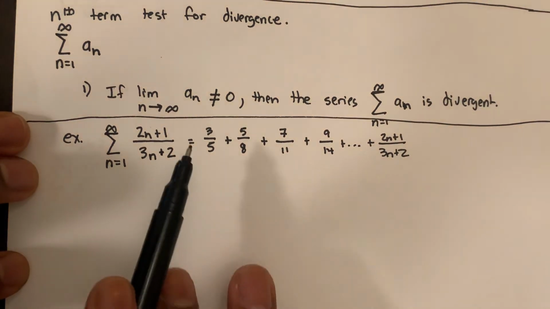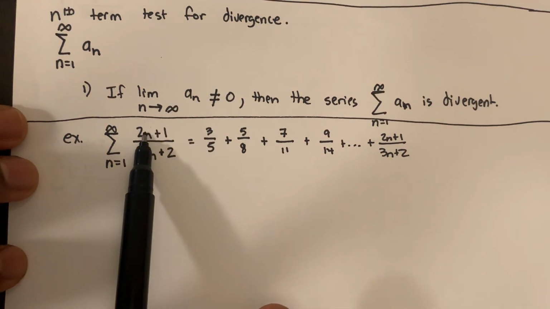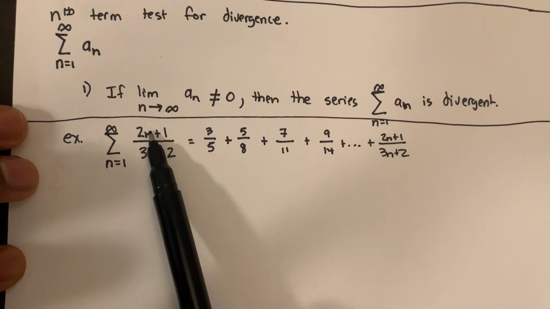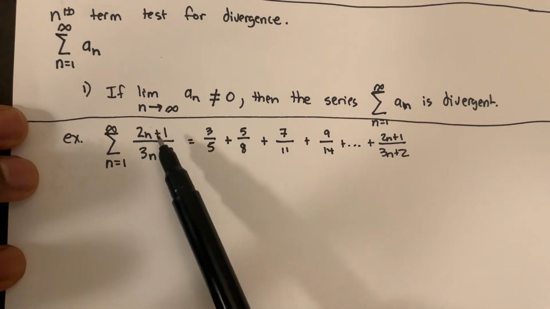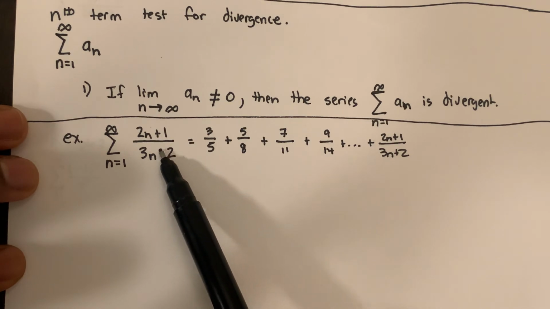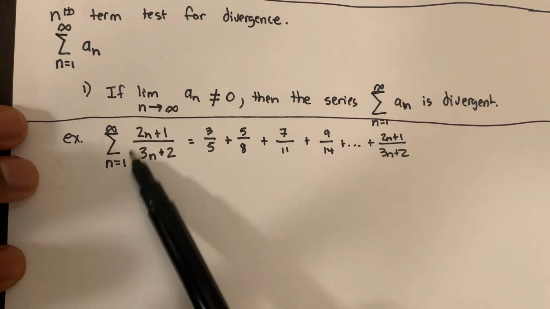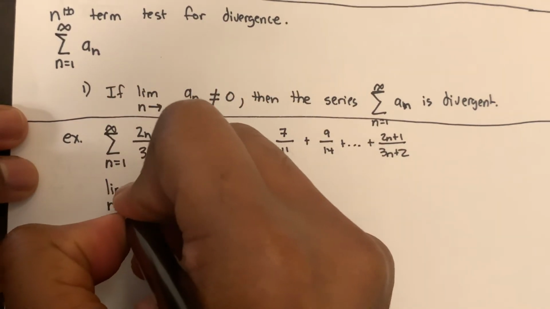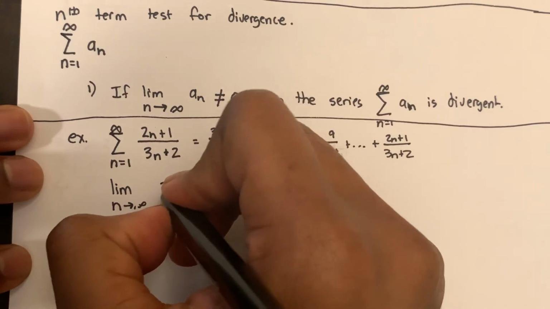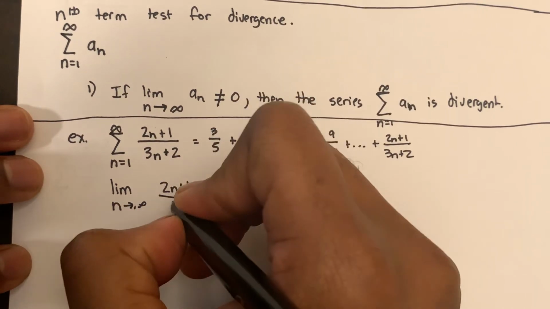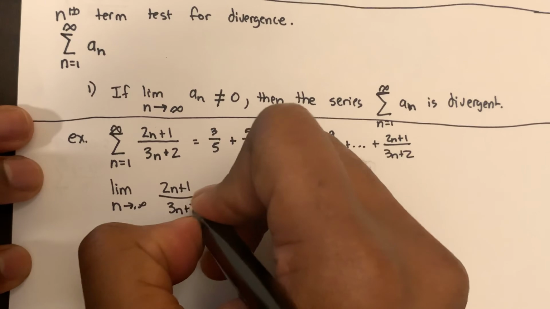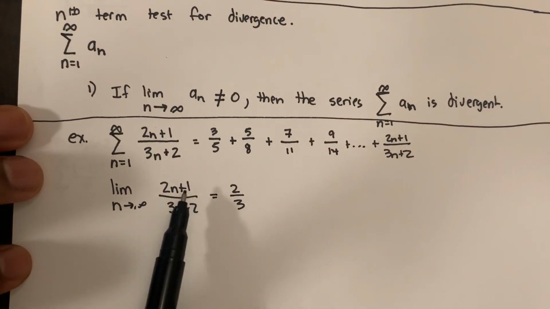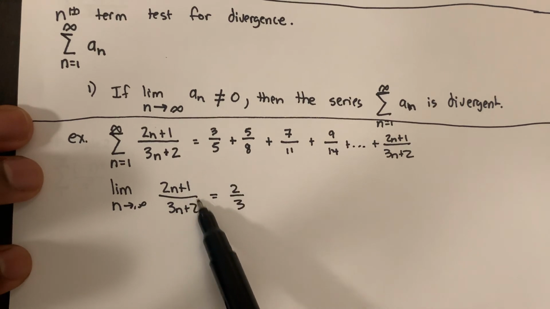And remember from taking limits in precalculus and for sure in calculus, that for the limit when n goes to infinity, if the degree of the numerator equals the degree of the denominator, the limit is the ratio of the leading coefficients. So the limit when n approaches infinity of 2n plus 1 over 3n plus 2 equals 2/3, because when n is really large, the 1 and the 2 don't matter.